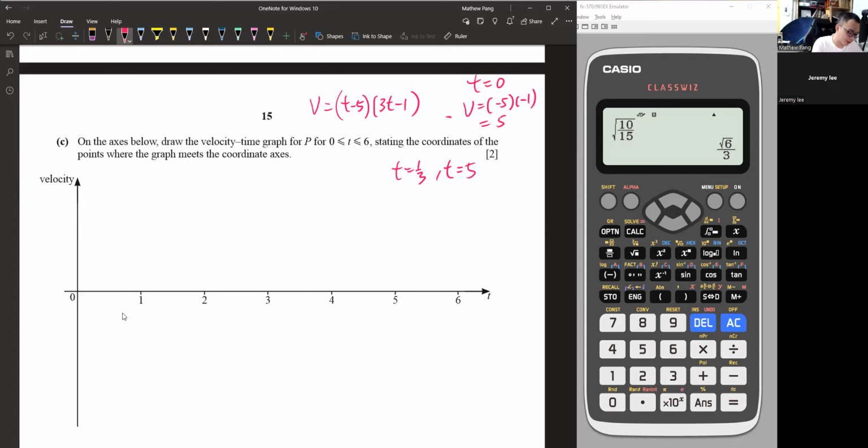The 1 over 3 should be lower a little bit, and then I pass by 5. Try to make it as symmetry as possible. You just draw nicely yourself.